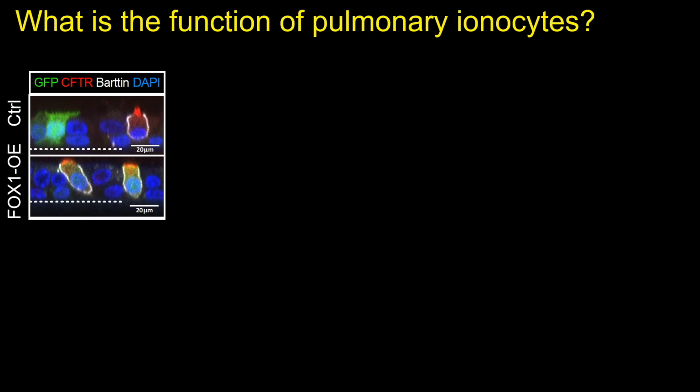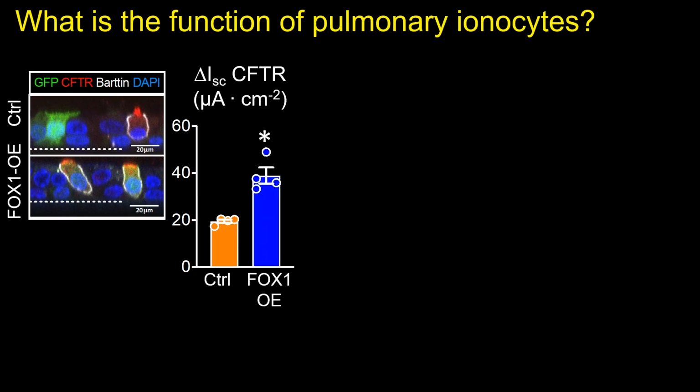A little bit of background, I'll start out with in terms of what is the function of pulmonary ionocytes, and this is work of Ian Thornell that's been published. Ian was specifically interested in looking at the role of an ionocyte in human airway epithelia. He used cultures at the air-liquid interface, and he studied control airway epithelia and then airway epithelia where he increased the number of ionocytes by overexpressing FOXI1.